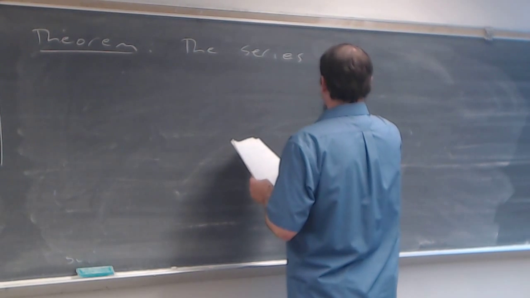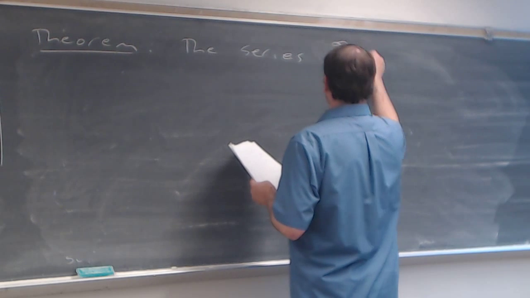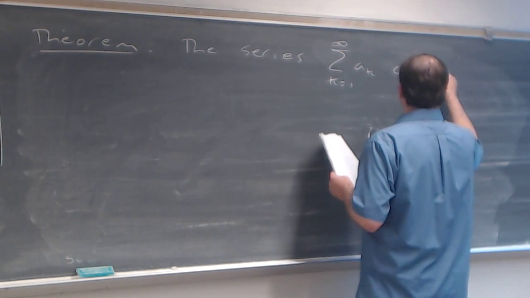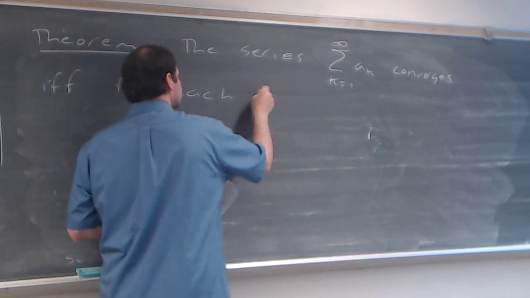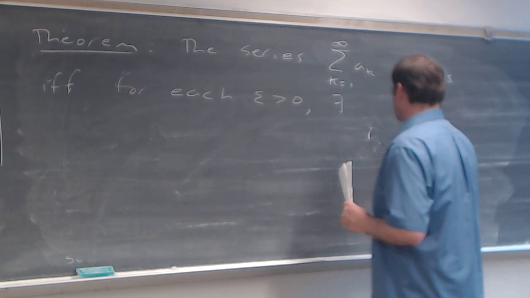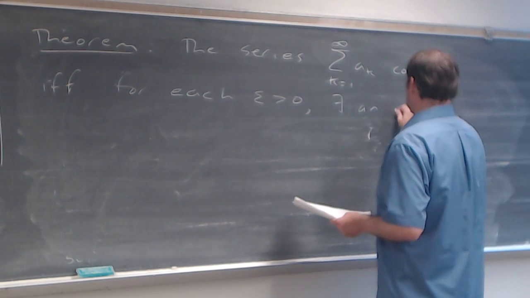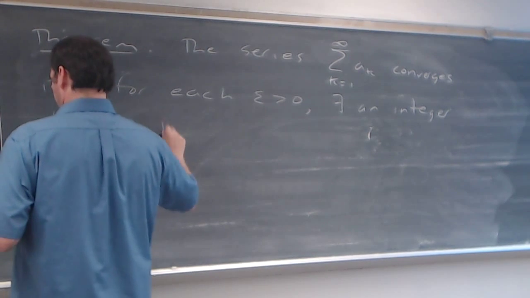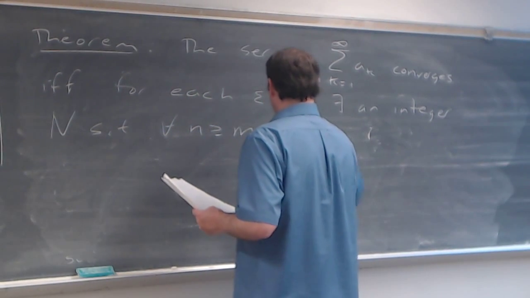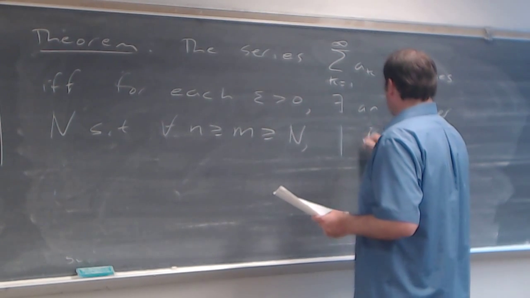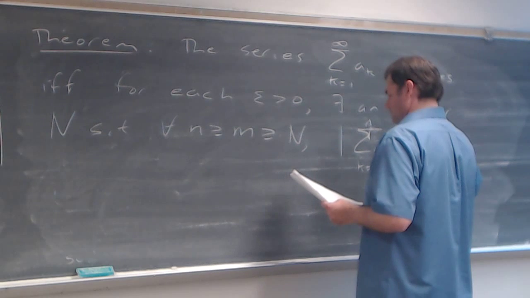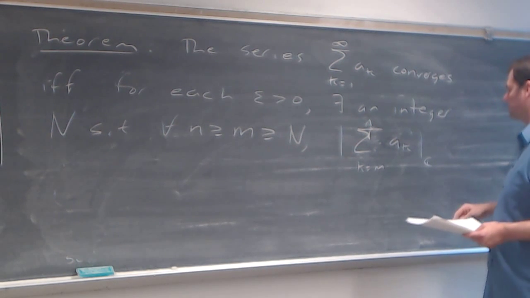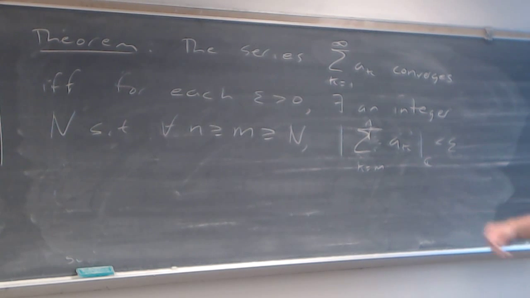The series, the sum as k runs from 1 to infinity of A sub k, converges if and only if for each epsilon greater than 0, there exists a natural number, we call it big N, such that for all n bigger than or equal to m bigger than or equal to big N, the sum as k runs from m to n of A sub k, in the complex norm, is less than epsilon. Remember, we're talking complex numbers.